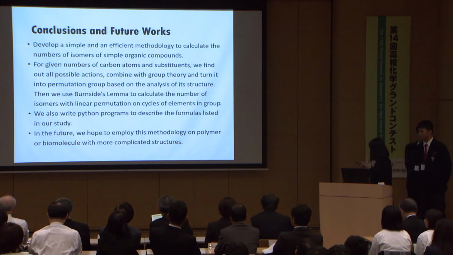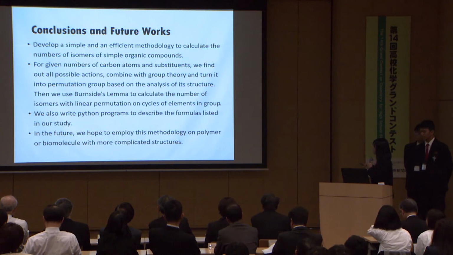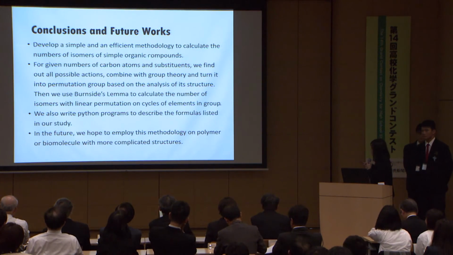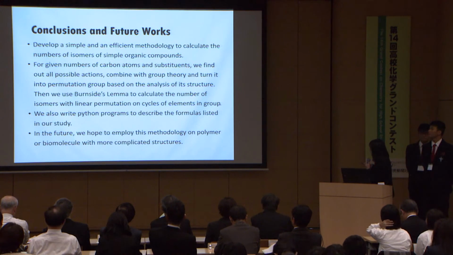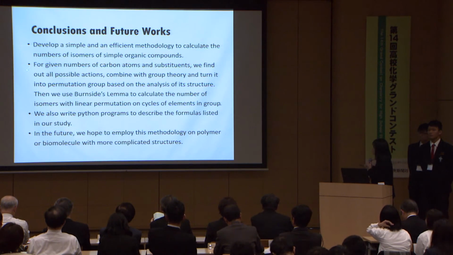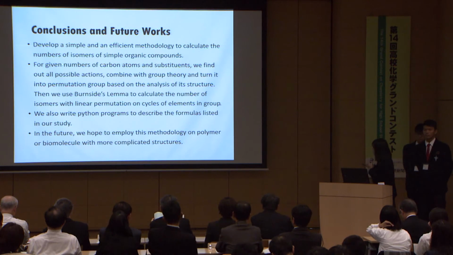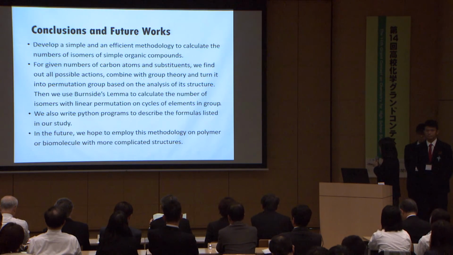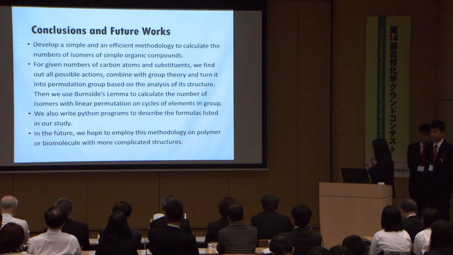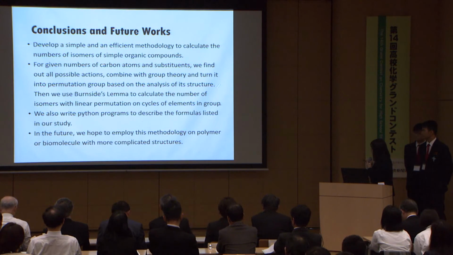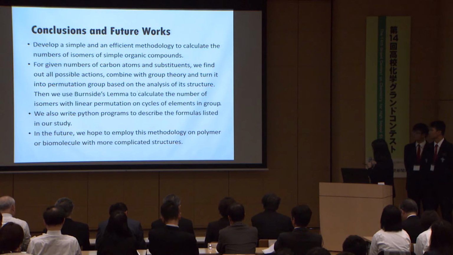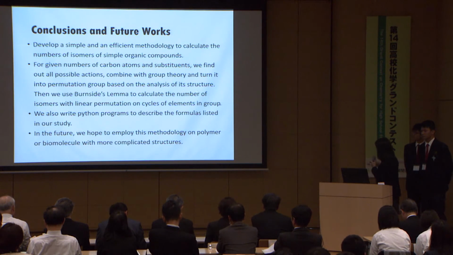Conclusions and future work. 1. We developed a simple and efficient methodology to calculate the number of isomers of simple organic compounds. 2. For given numbers of carbon atoms and substituents, we find all possible actions, combined with group theory, that is Burnside's lemma, and turn them into a permutation group based on the analysis of its structure.